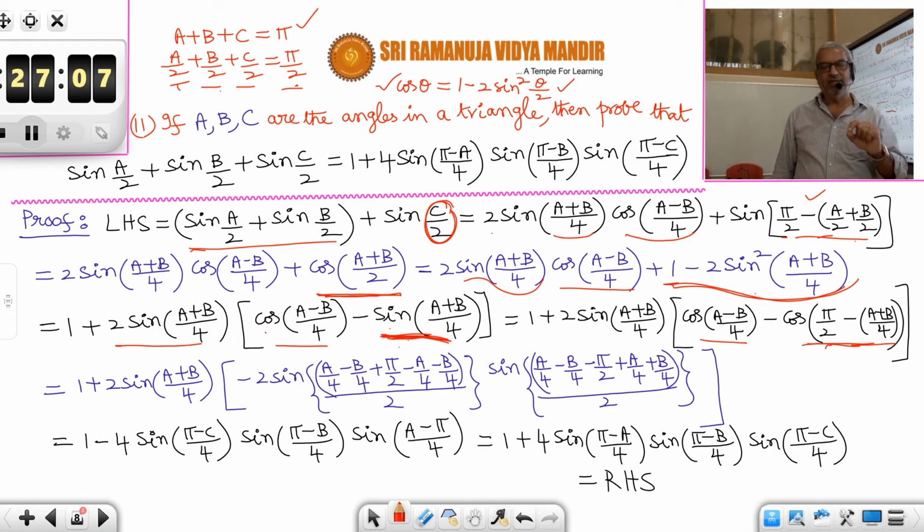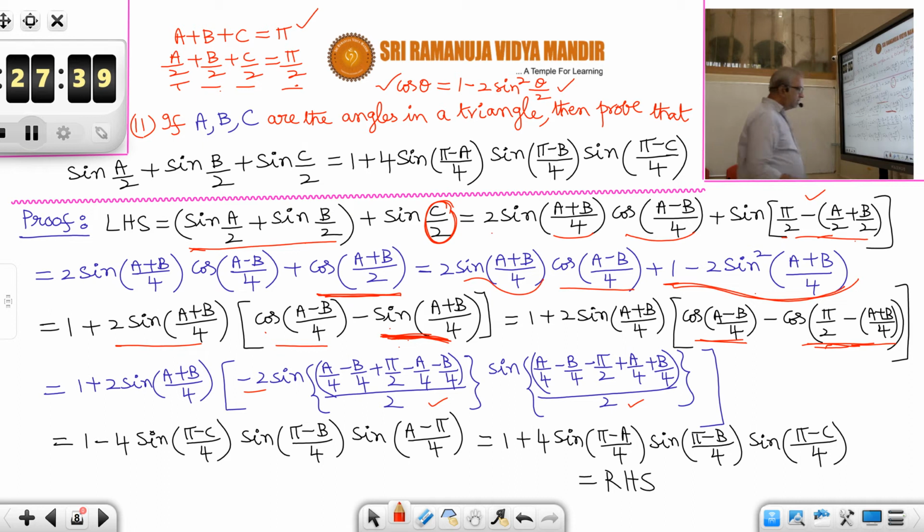So for this bracket I am writing here minus 2 sin (c plus d by 2), I have to add the a by 4 minus b by 4 plus pi by 2 minus a by 4 minus b by 4, whole by 2. Correct. Again sin (c minus d by 2): a by 4 minus b by 4 minus pi by 2 plus a by 4 plus b by 4, by 2.